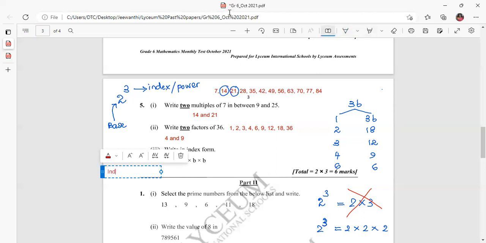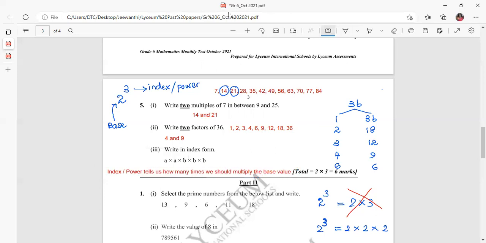It tells us how many times we should multiply the base value. This is the meaning of the index, right?